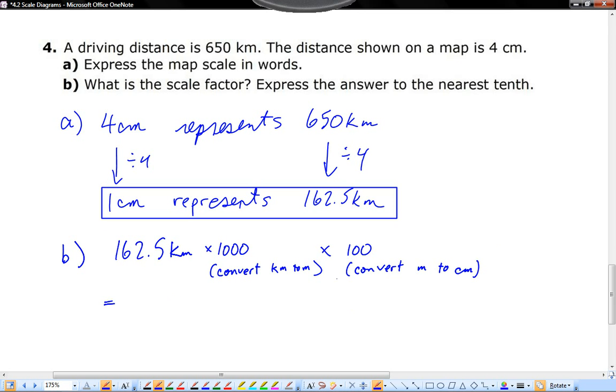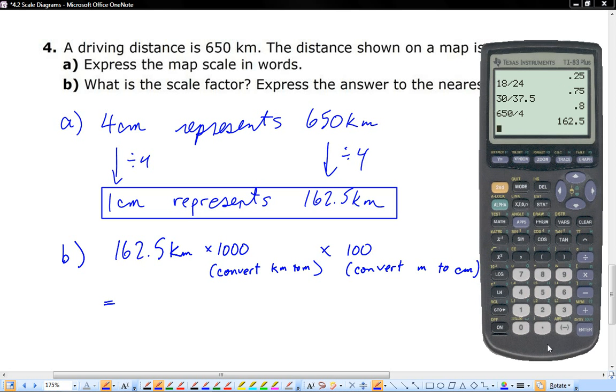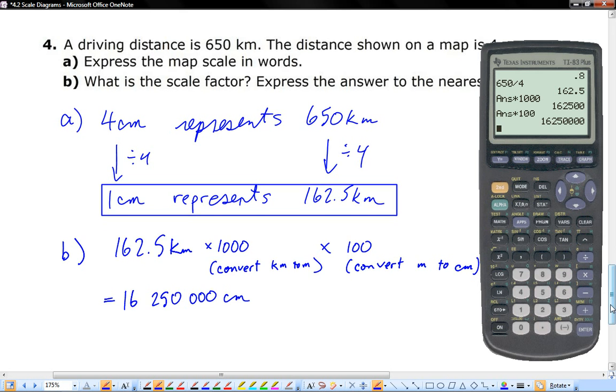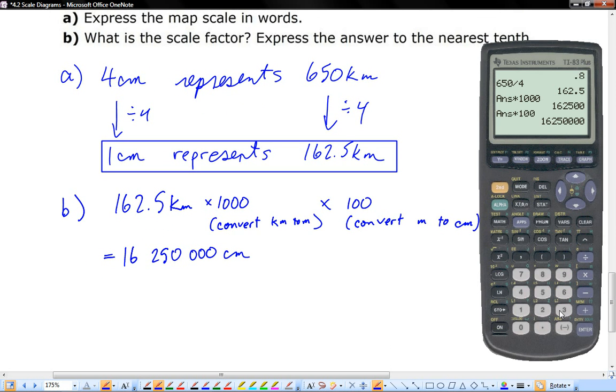And so as a result, we're going to get a fairly large number. 162.5 times 1,000 first, then multiplied by 100 is going to give us 4 zeros and then a 1625 out in front. So this is 16,250,000 centimeters.